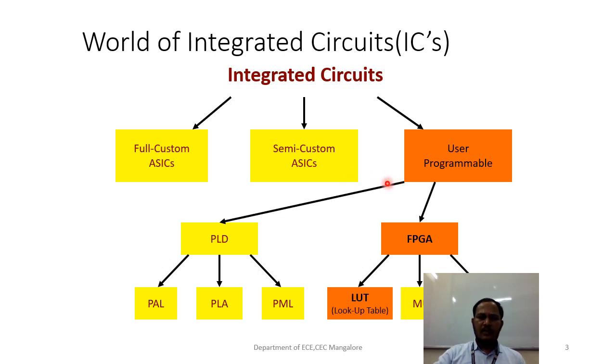Like you have seen memories, where you can store video, audio, whatever things. You have to buy memories in the market, bring them, and store something. Same thing happens here also, in user programmable. Just get the IC, program it.